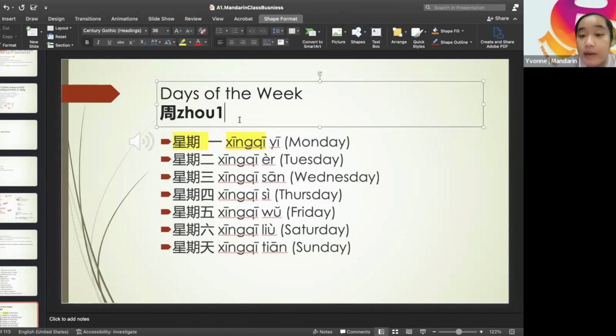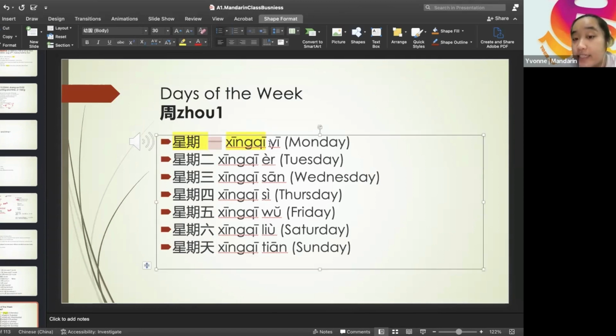Of course, you might notice Monday to Saturday is just the first day of the week: 星期一, Monday. Second day of the week, Tuesday. Up till Saturday, the sixth day of the week, is still the same. But for Sunday, it's 星期天. Or there's another word we use as well, 星期日.